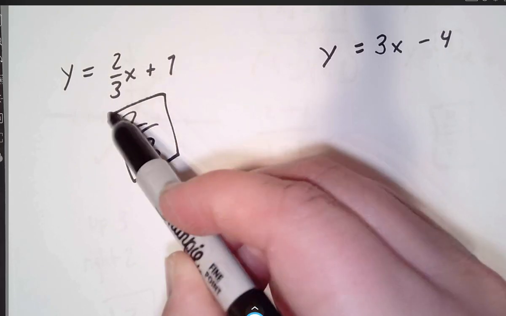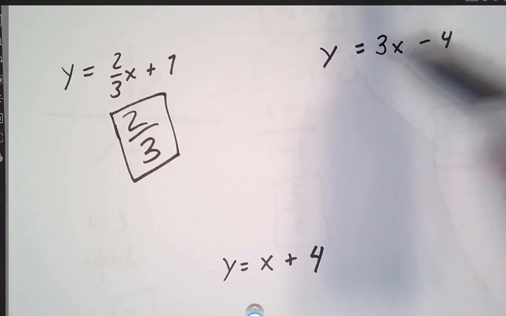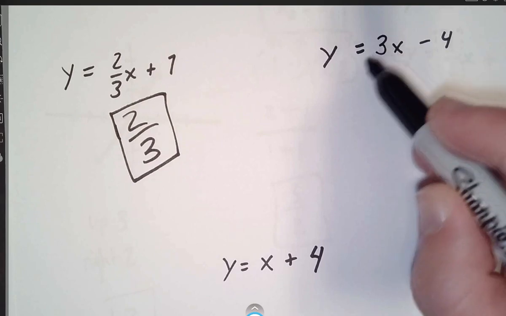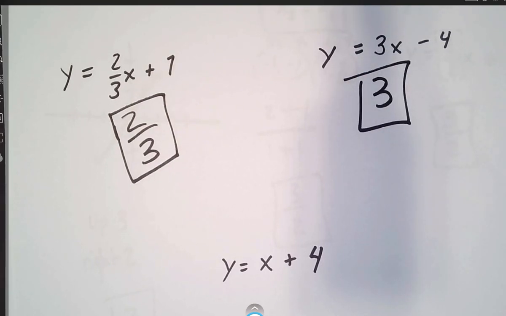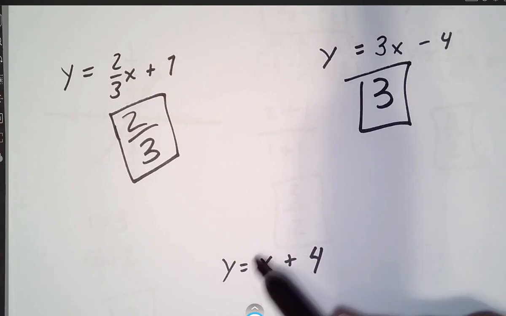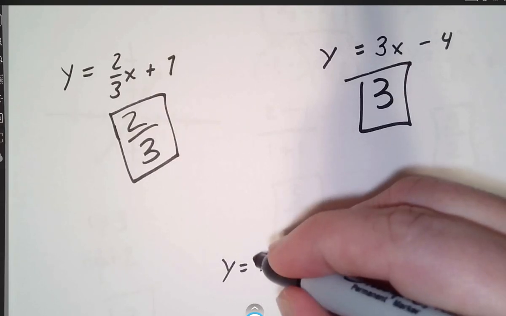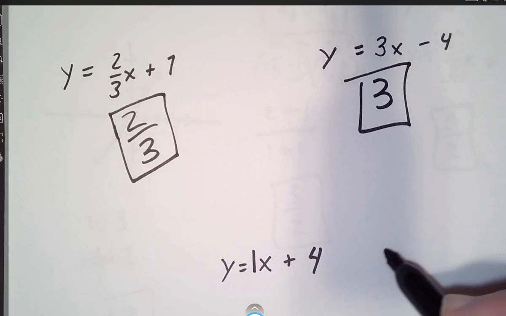So that is all I have to do as long as y is by itself. Y is over here. Y is by itself. Perfect. What number is with x? 3. So that is my slope. And on the last one, y is by itself. Perfect. But there's nothing with my x. Well, if there's nothing with my x, what number is actually in front of this x? Well, I have 1x. I just have 1. So my slope would be that 1.